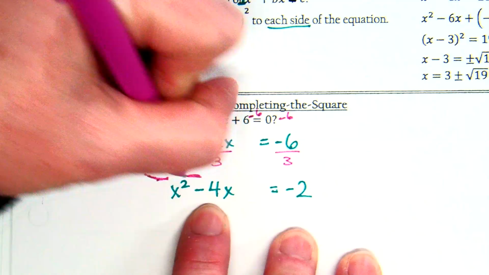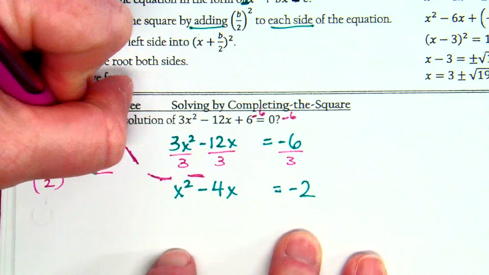Don't go back to the original. Use your current. So b is negative 4. Can we agree there? Now it says to do b over 2 quantity squared. What is b? Negative 4. So that means I'm going to do negative 4 divided by 2 quantity squared.